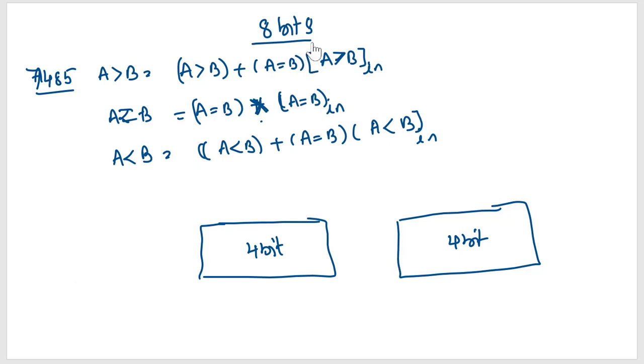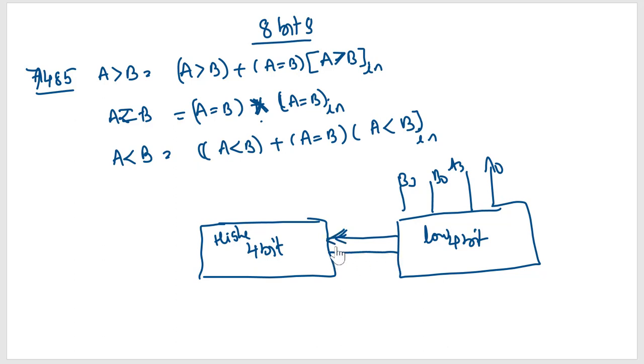This will be the higher order bit comparator and this will be the lower order bit comparator. Now take A0 to A3 here and B0 to B3 here, and it is going to produce 3 outputs.